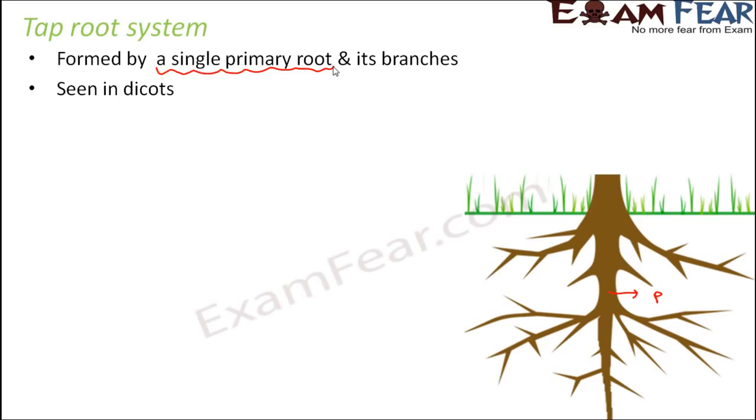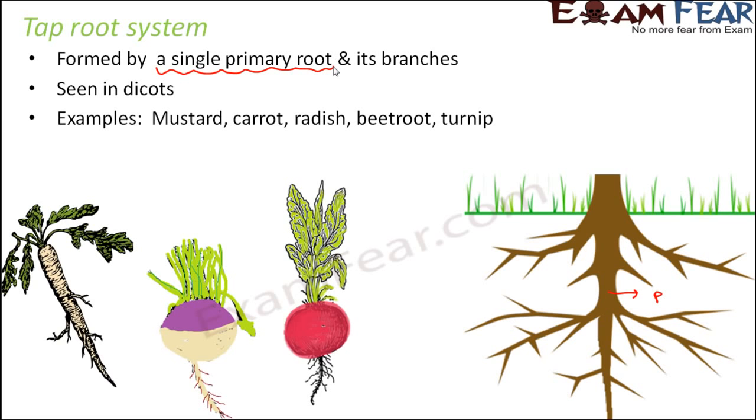It is generally seen in the dicots, that is the dicotyledonous plants. I am sure I don't need to explain to you what a dicot is. It is those kinds of plants where the seed has two cotyledons. Cotyledons are nothing but the seed leaves. We have already spoken about all these things in diversity in living organisms. Some of the examples of dicots which have taproot system are mustard, carrot, radish, beetroot, turnip.